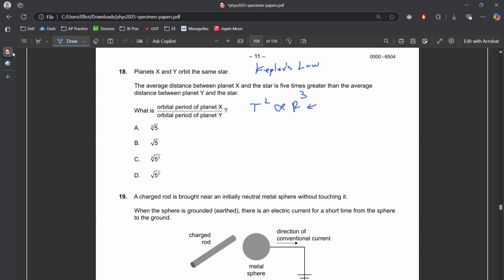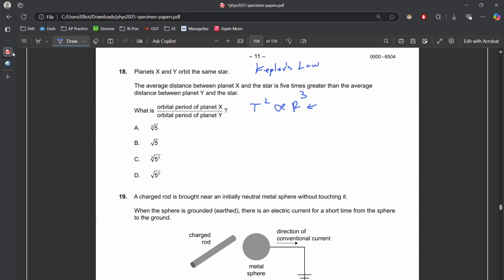You can prove this using circular motion, which I'm debating on doing right now. I'll do it if I get this wrong, because then I'll have to do it anyways to know that I'm right. Okay, so orbital period.